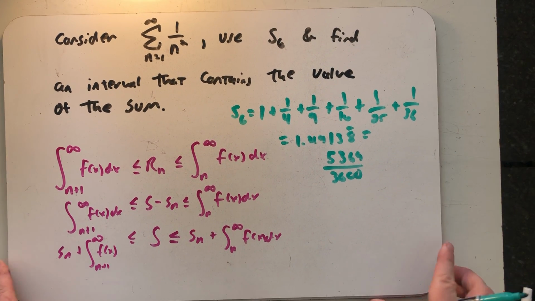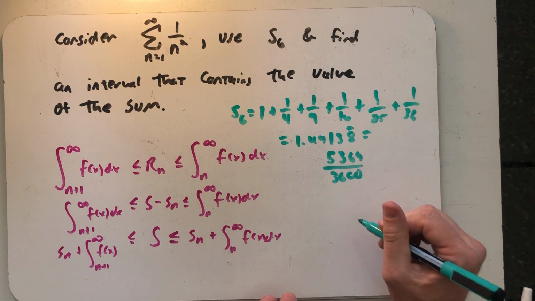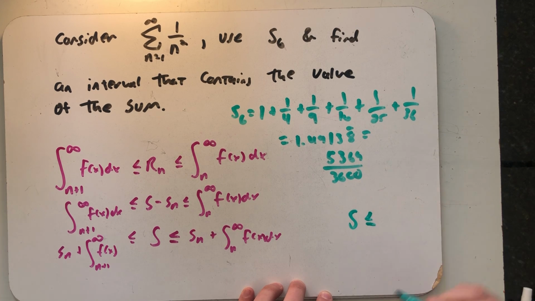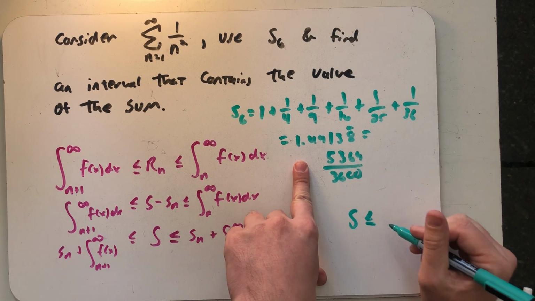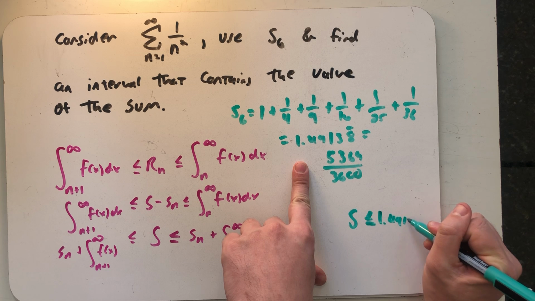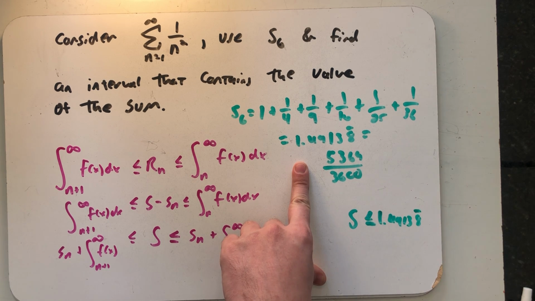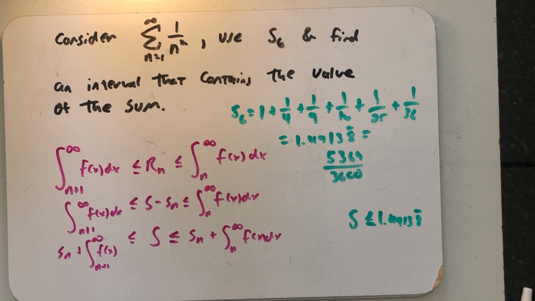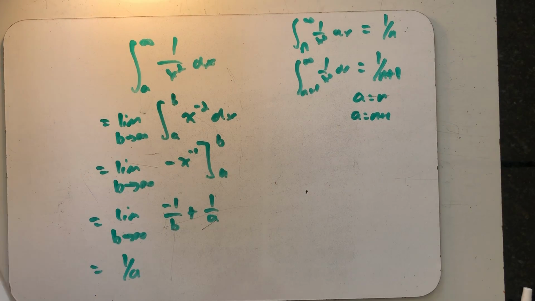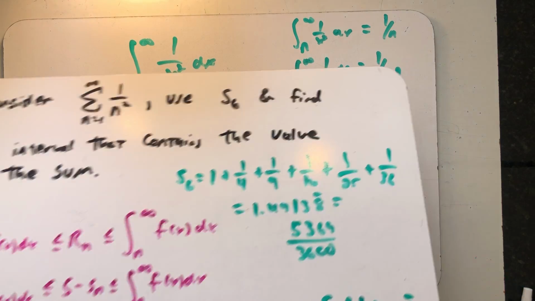So looking at this inequality, the true sum should be between this number, 1.49138 repeating forever, plus 1 over n.